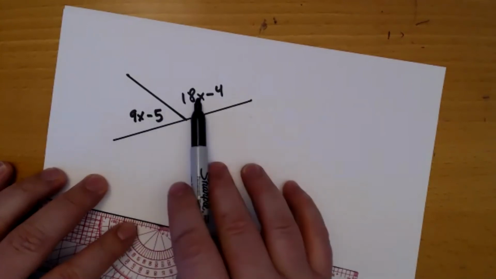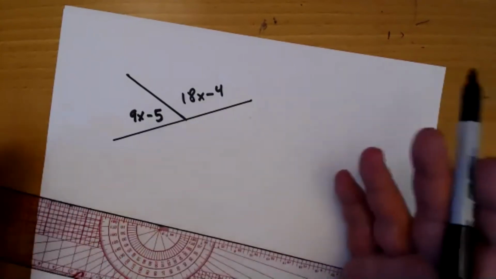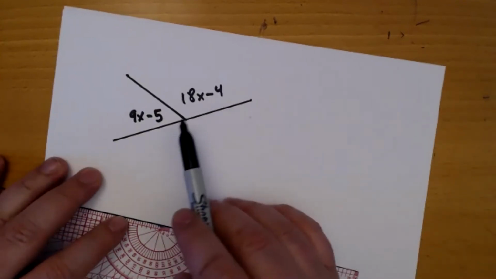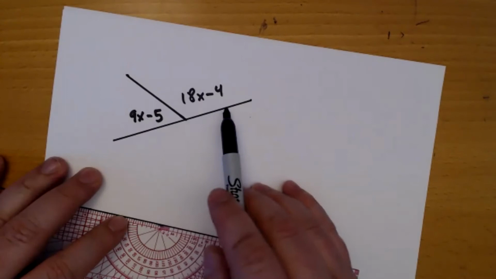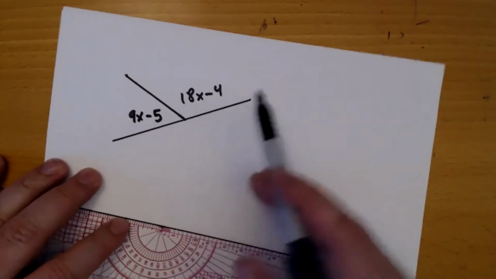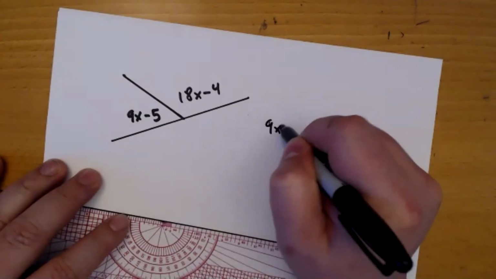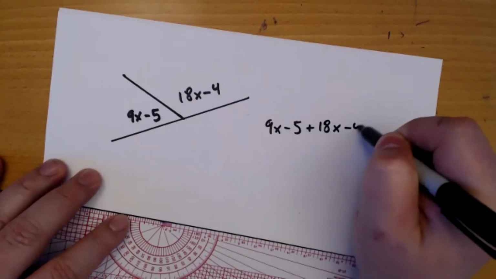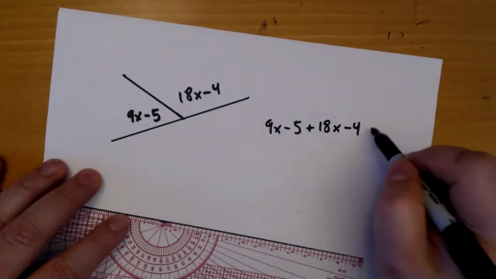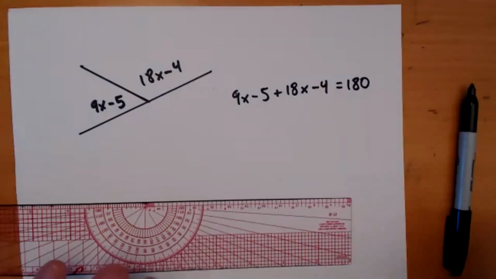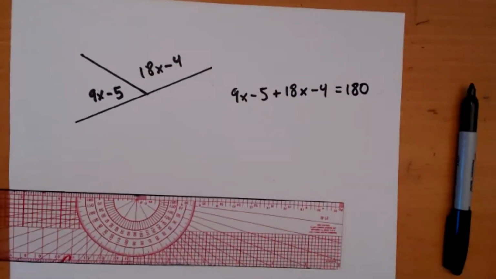Now these two are not equal, right? They don't look the same. If you go to your notes, you'll see that these are a linear pair and they make that straight line. So we're going to add them up and set it equal to 180. Now, let's go to Desmos and solve this problem.